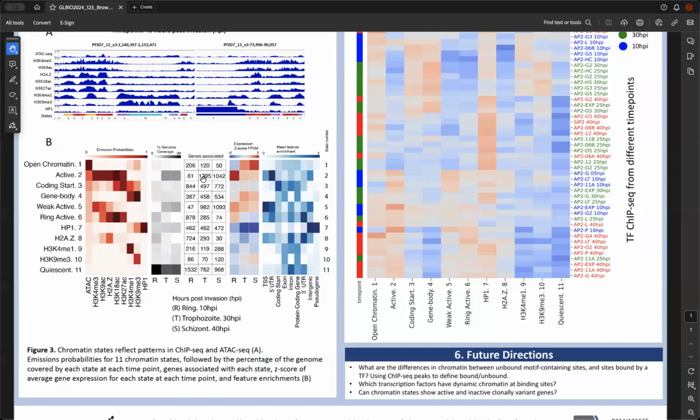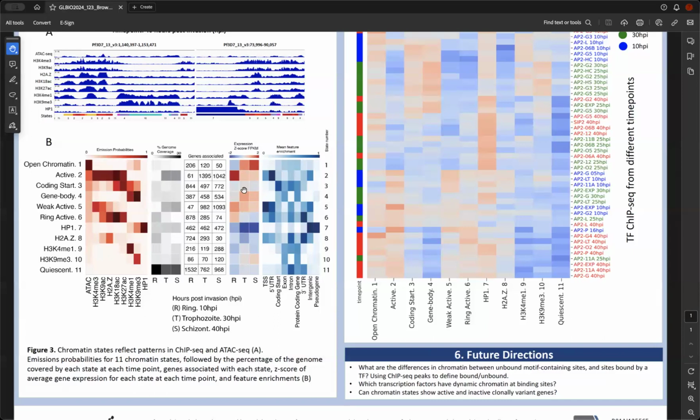This is also the association of genes to each state at each time point, like a count for the genes that have this state primarily in the early beginning of the coding sequence, some part of the UTR, the 5' UTR. I can talk with you about all of this, but 5 minutes goes by fast.